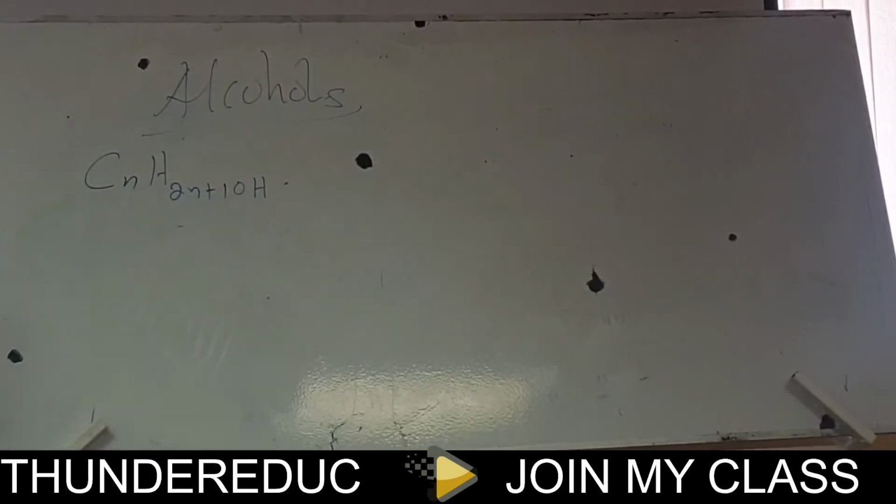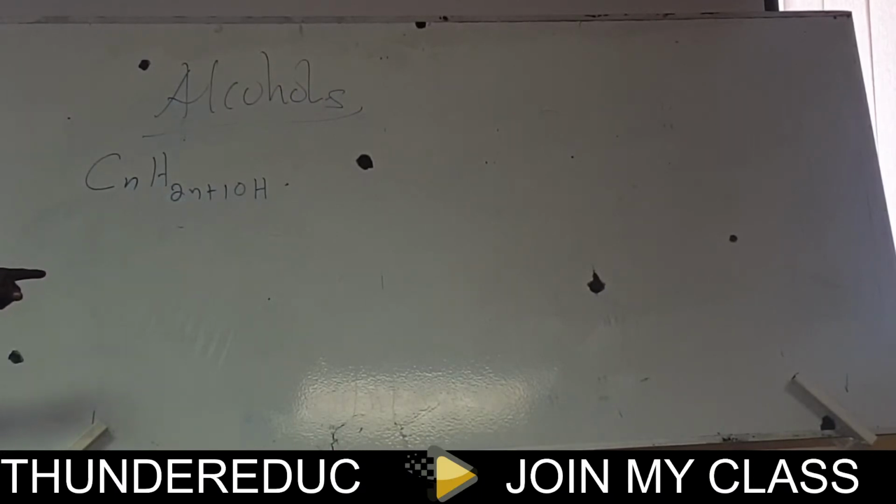Is it clear? Actually, alcohols are a little bit the same as alkanes. The only difference, because these also have single bonds throughout, is the OH here, while in alkanes there is no OH. Is it clear?